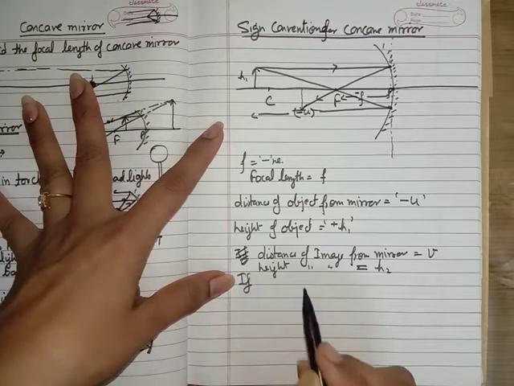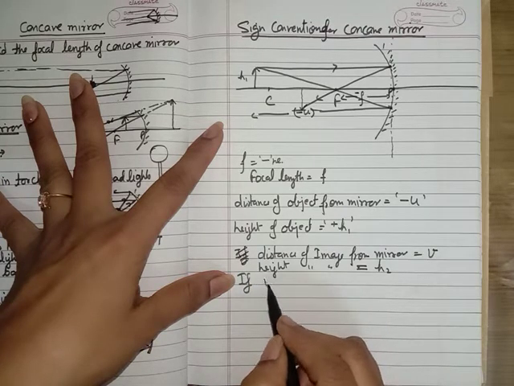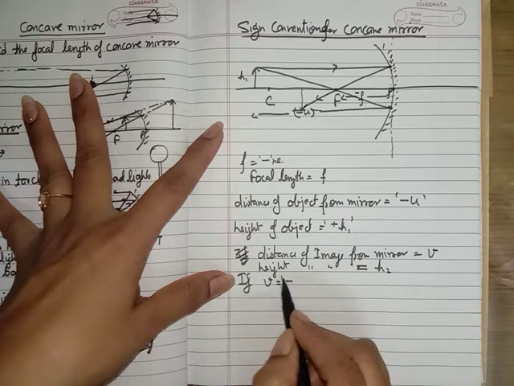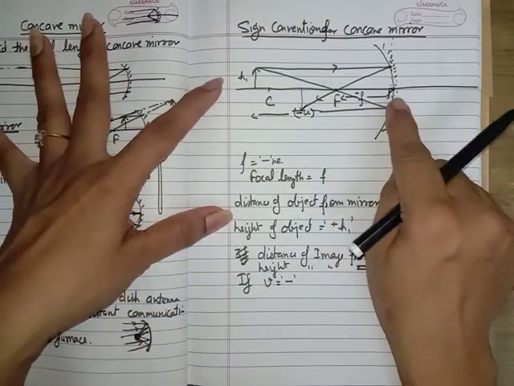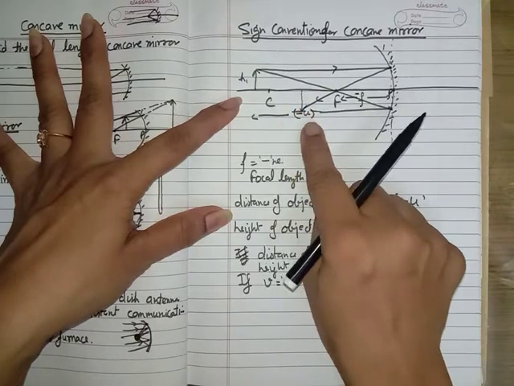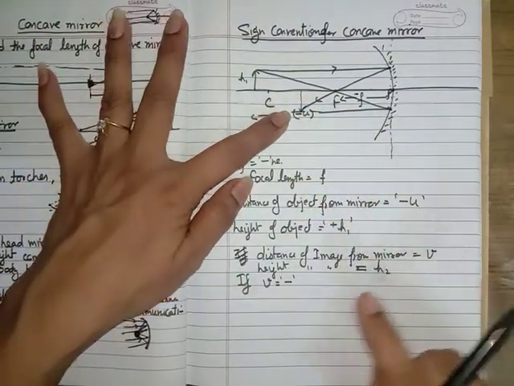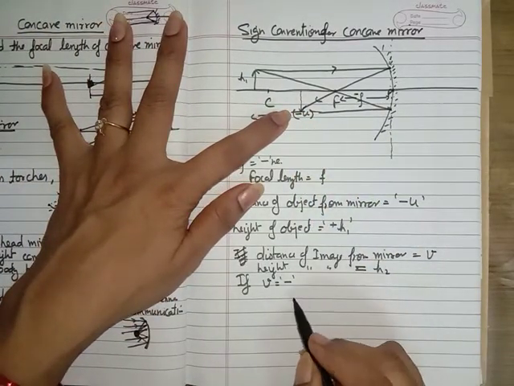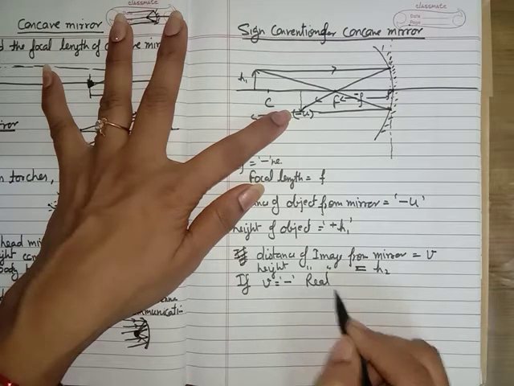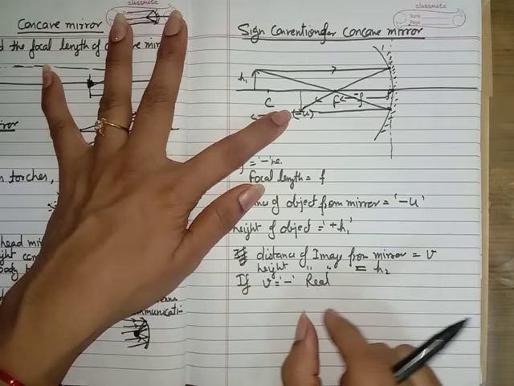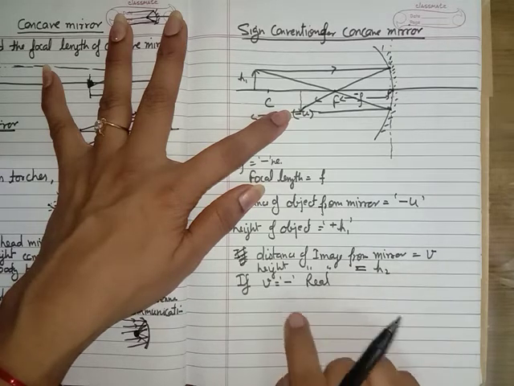Now this is the case if we find v is negative. What is the meaning of this negative sign? You know that the image formed in this direction is always real. It means if you find that v has the negative sign, the image is real. Okay, you don't have to put the negative sign before the answer, but you have to write its meaning.